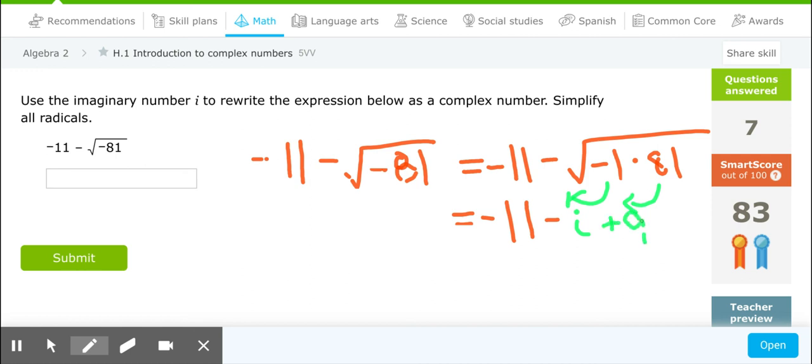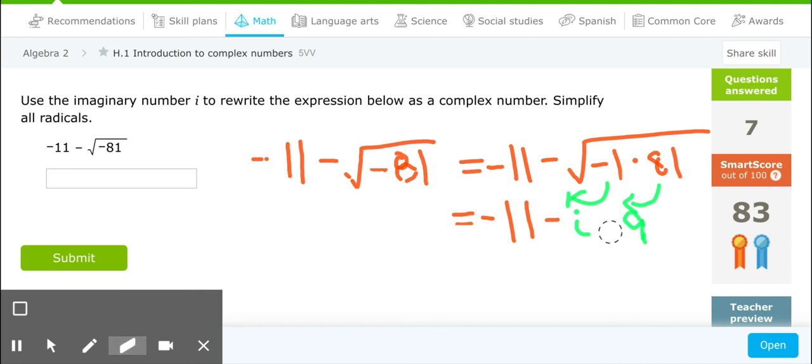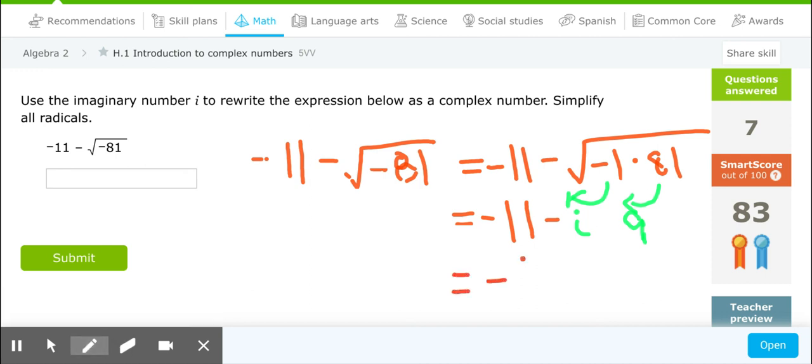So let's think about what this really is, right? We're taking out a positive 9 and we're taking out an i. So what this really is, sorry, I don't want to confuse you. We're taking out a 9 and we're taking out an i. It's not i plus 9. We're taking out a positive 9. So what we would get is negative 11 minus 9i, right?